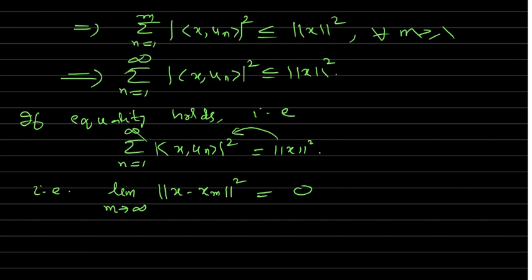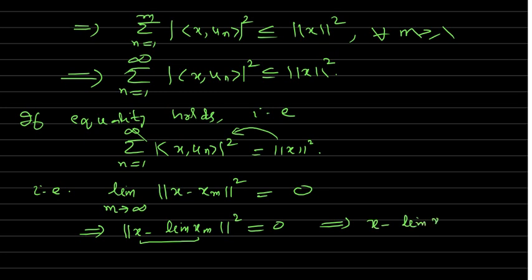अब नाउ अ नॉर्म इज अ कंटिन्यूअस फंक्शन, ओके, so this is norm x minus limit of xm, its square is equal to 0. Now it's norm of some vector which is equal to 0, which means that the vector is itself equal to 0, so that means x minus limit of xm is equal to 0, which means that x is equal to limit of xm. So what's xm?